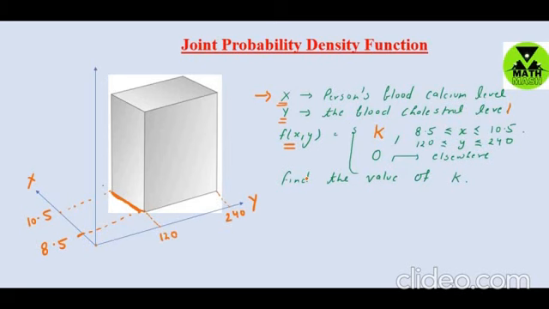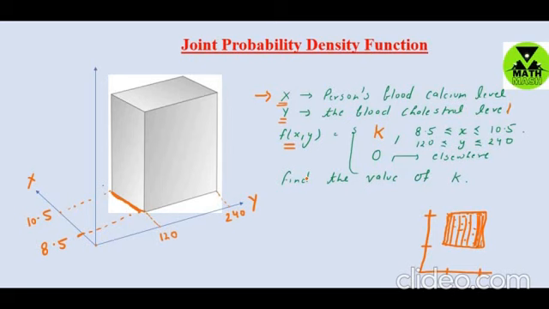So if we plot this in the xy plane, x is taking values from 8.5 to 10.5 and y is taking values from 120 to 240. So it is in between these values, that is, for all the points within this domain, where x is between 8.5 to 10.5 and y is between 120 to 240.